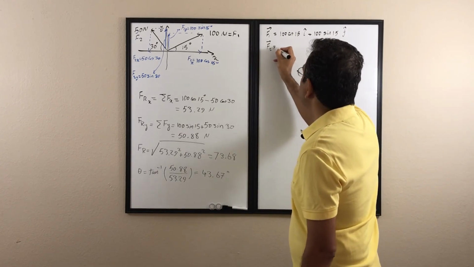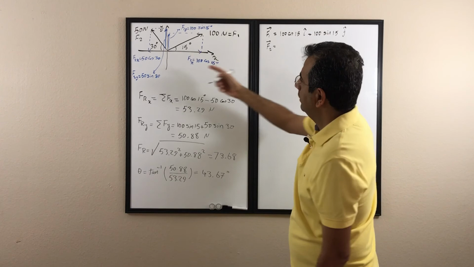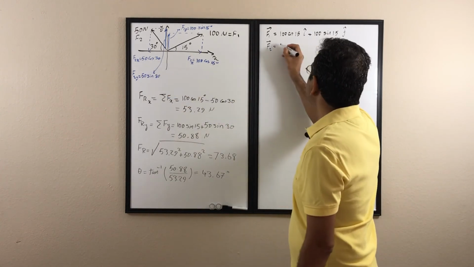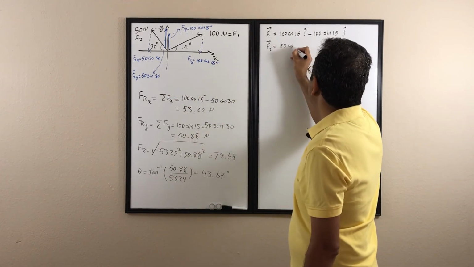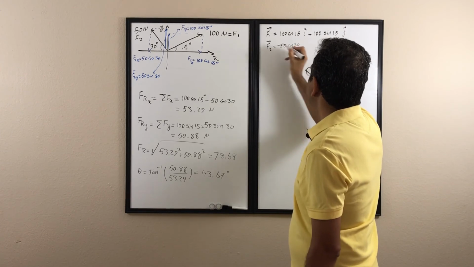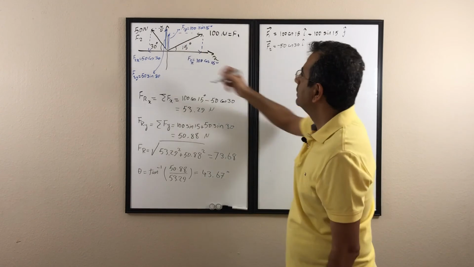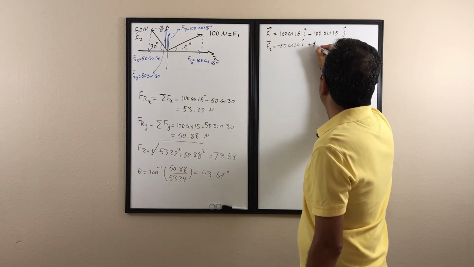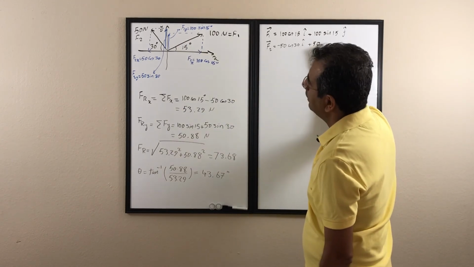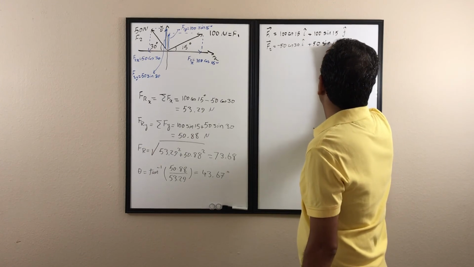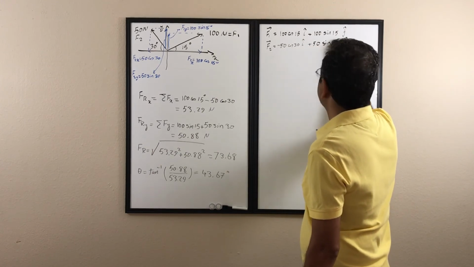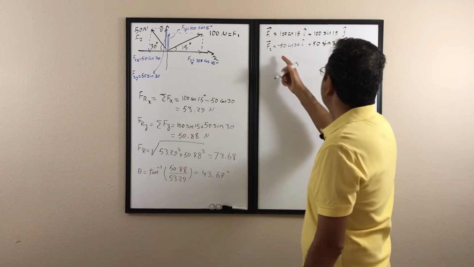F2 is going to be, its x component is 50 cosine 30 as negative i, plus 50 sine 30 j. So that's the final.